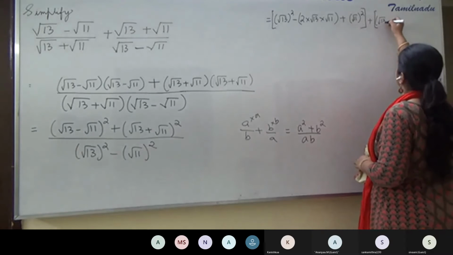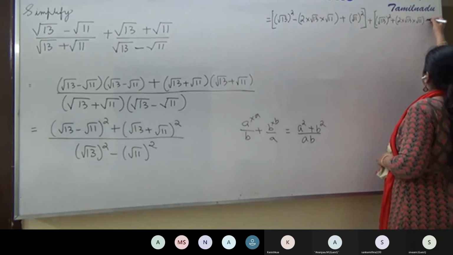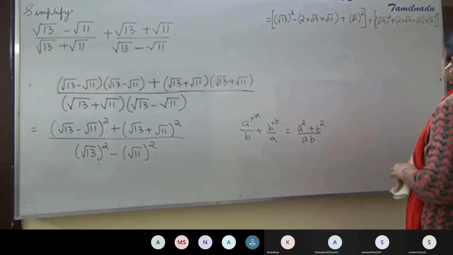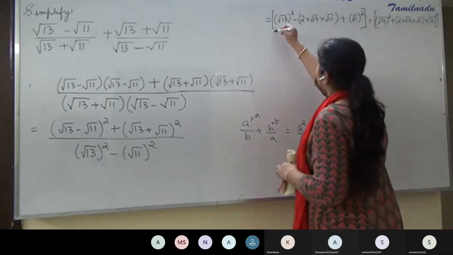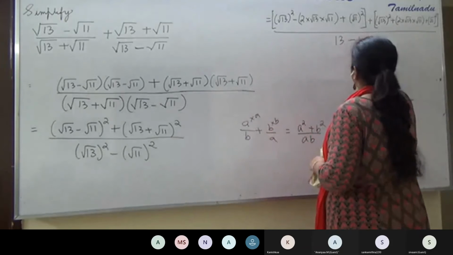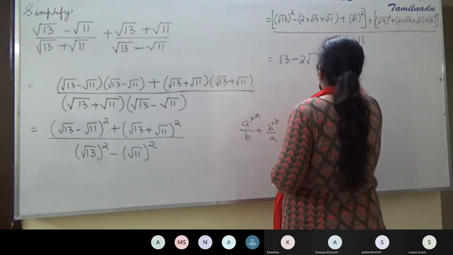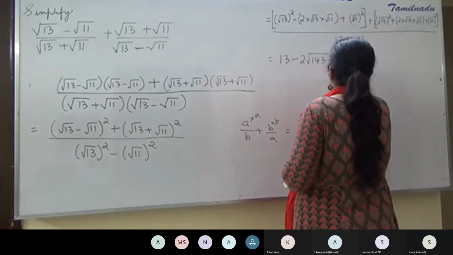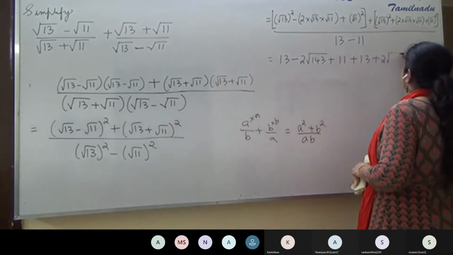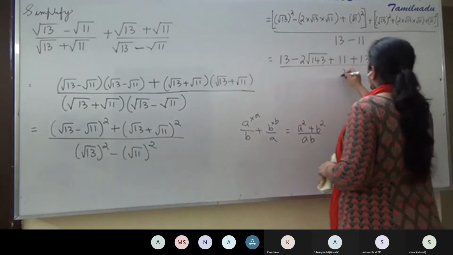The second one is a squared plus 2ab plus b squared. So expand using a plus b the whole square and a minus b the whole square, divided by 13 minus 11. So this will be 13 minus 2 root of 13 into 11, which is 143, plus 11, plus 13 plus 2 root 143 plus 11, divided by 2.